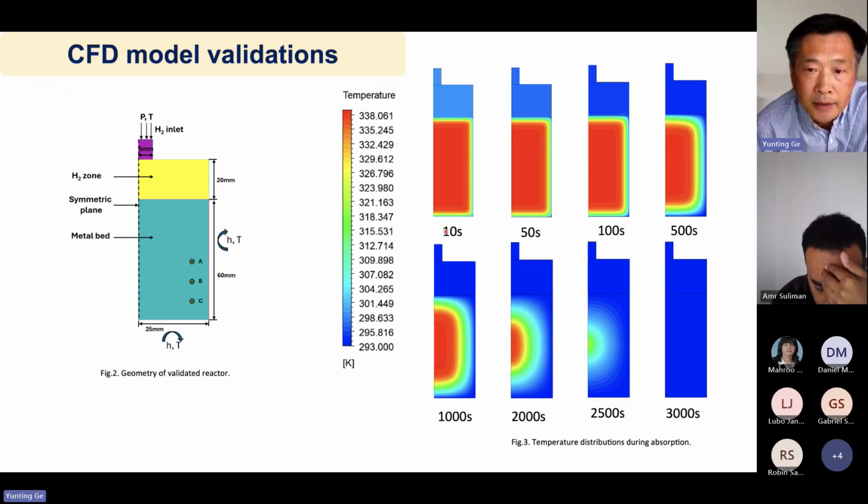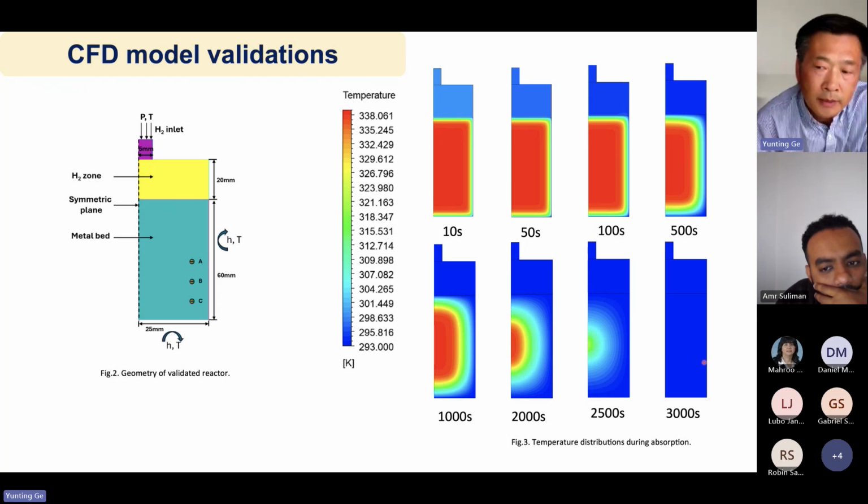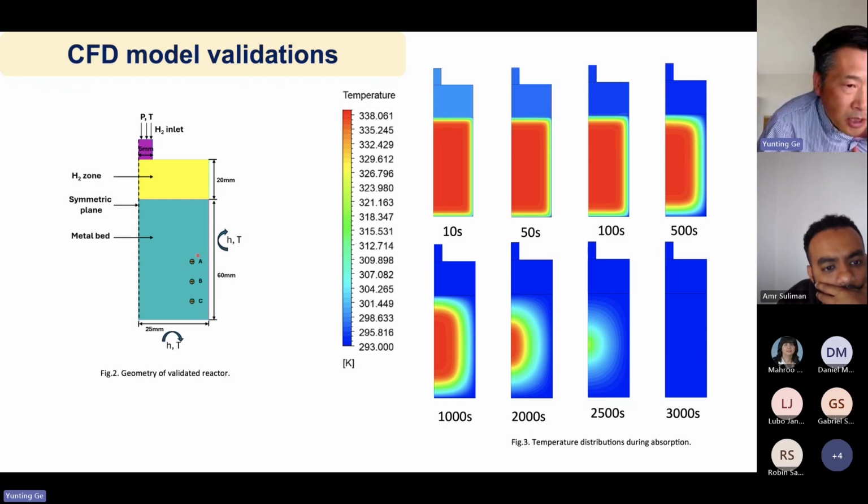You can see the time variation from 10 seconds to 3,000 seconds. The temperature increases quickly at the beginning and then slowly goes down to the cooling medium temperature. To validate the model, we compare the simulation result of temperature and concentration for 3 points in the test: A, B, C.